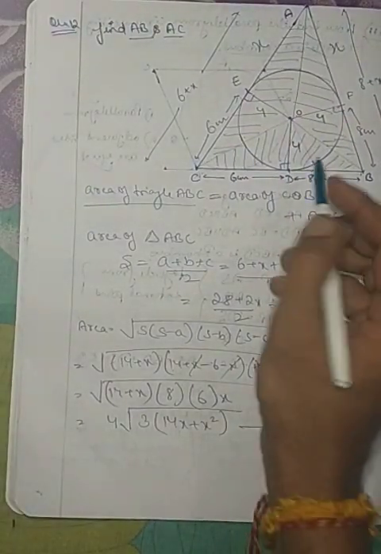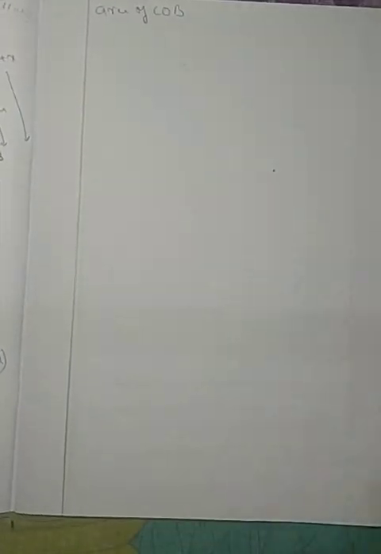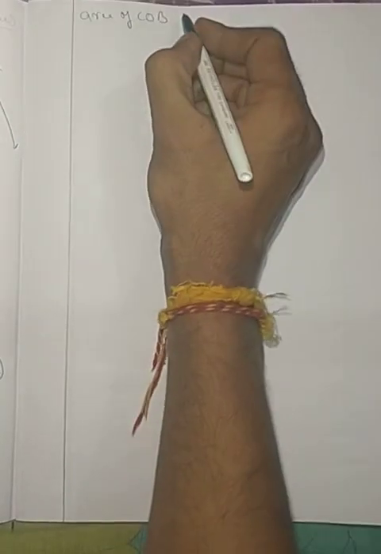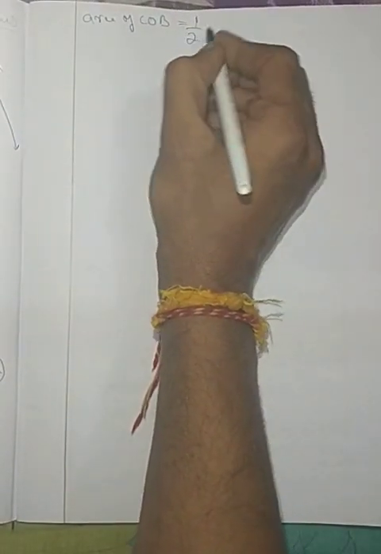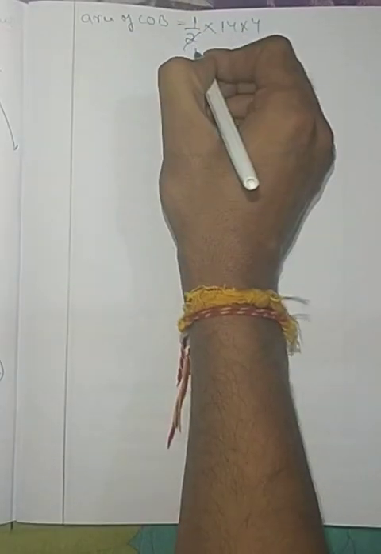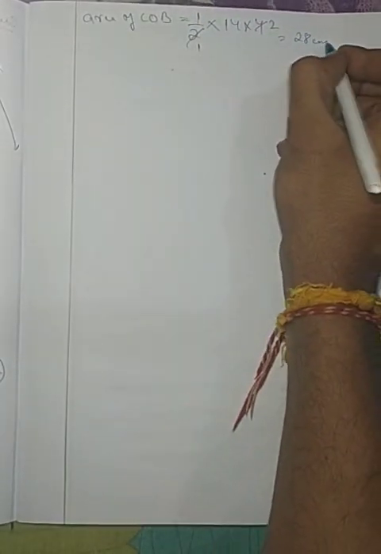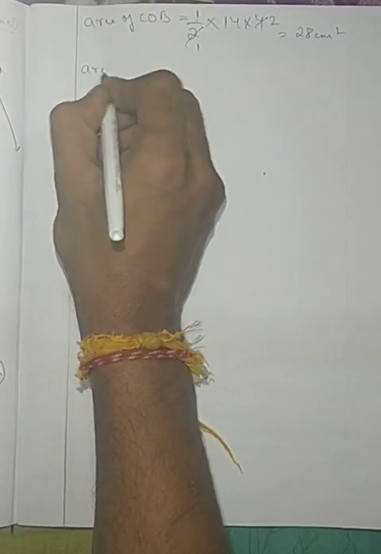How we are going to calculate the area? Half, this is base and this is height. So area of COB will be half into base 14 into height 4. 2 ones are 2, 2 fours come out to be 28 centimeter square.